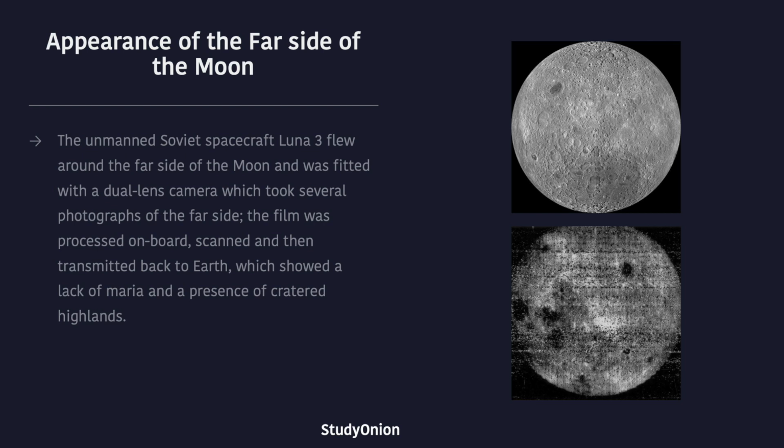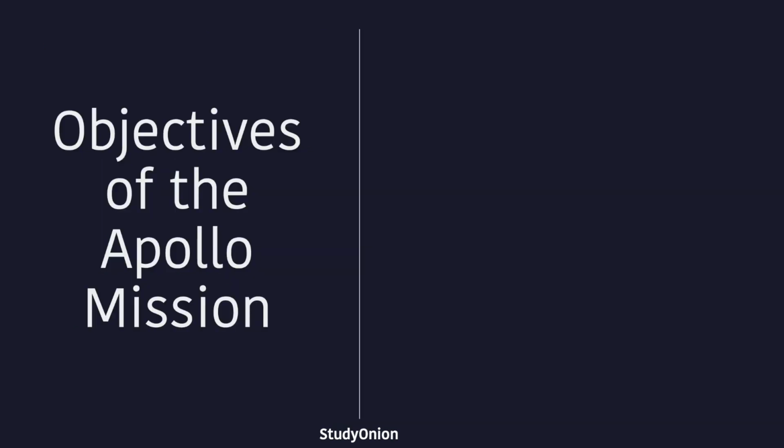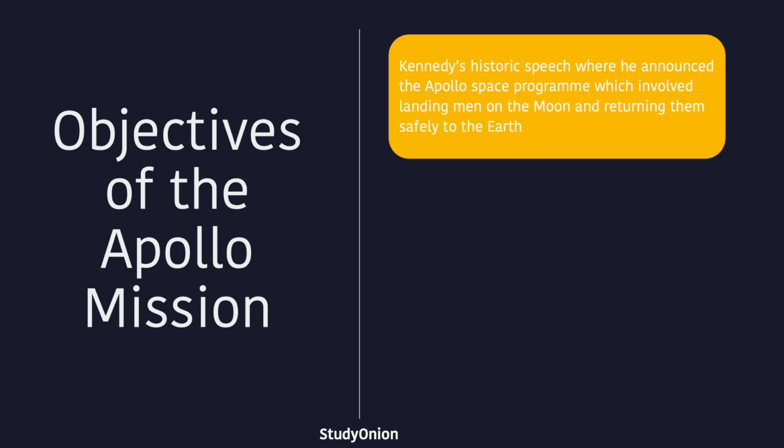Now, let's have a little look at the objectives of the manned mission to the moon, Apollo. Key objectives of the Apollo mission include, firstly, satisfying the requirements of Kennedy's historic speech, where he announced the Apollo space program, which involved landing men on the moon and returning them safely back to the Earth.